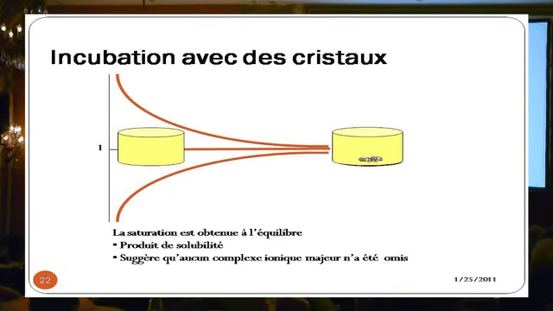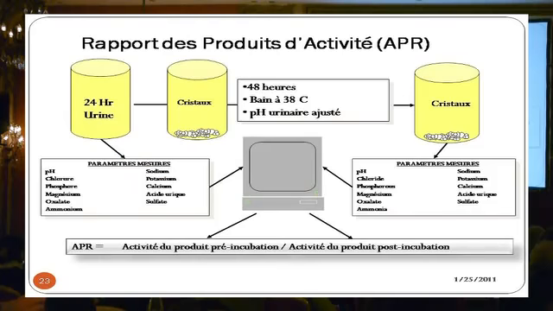The technique that's used is something called activity product ratio, or APR. You collect a timed urine sample, you measure a lot of things in the urine sample, you take part of that urine sample and you incubate it with seed crystals of the mineral, the stone type that you're interested in, for example, calcium oxalate.